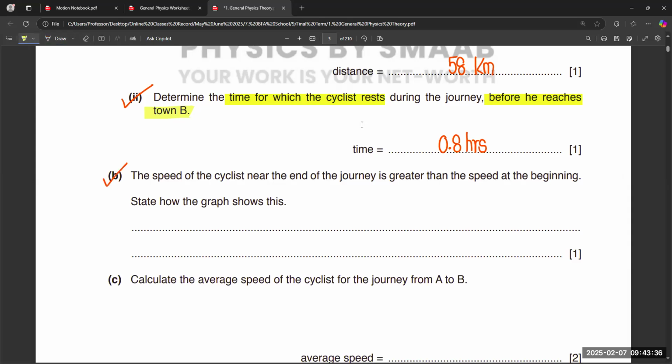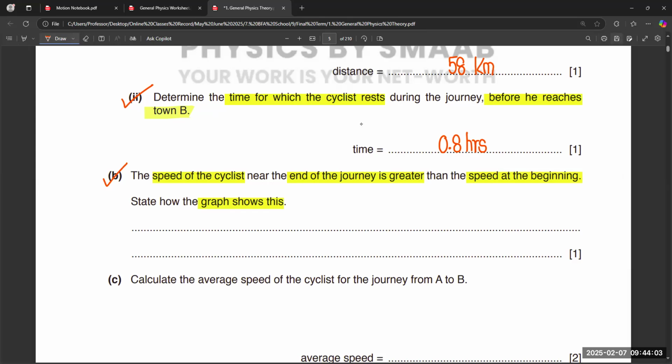Part B, the speed of the cyclist near the end of the journey is greater than the speed at the beginning. State how the graph shows this. According to the statement, the speed of the cyclist near the end of the journey is greater as compared to the speed at the beginning.